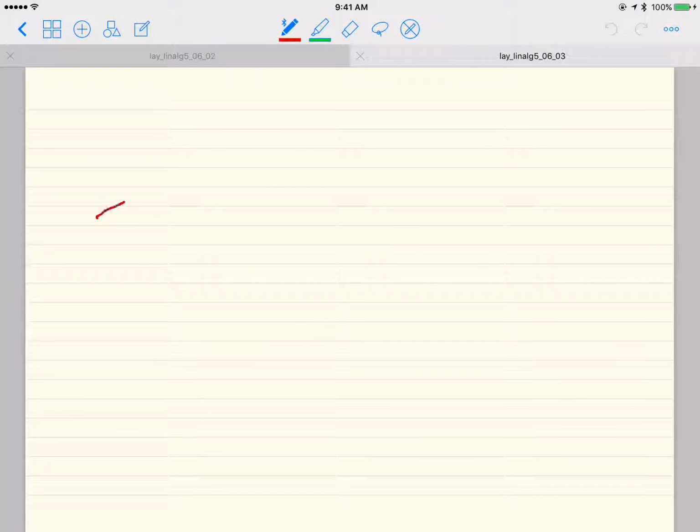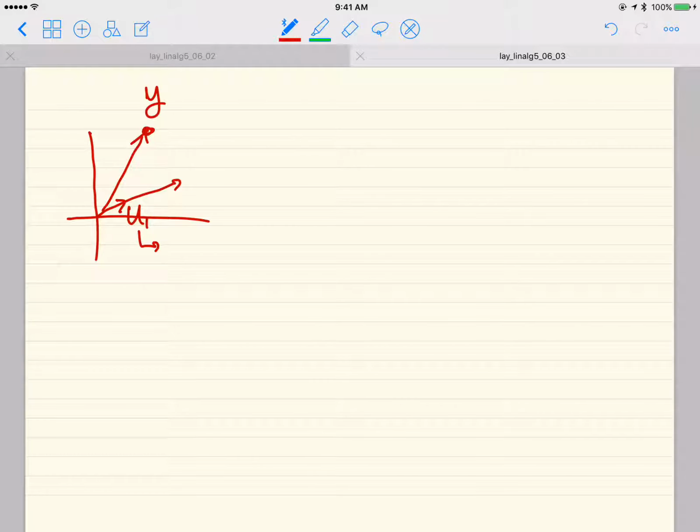So let's think about the simple case where we have this u1, which has a length of 1. In this case, how did we obtain the orthogonal projection onto this line?